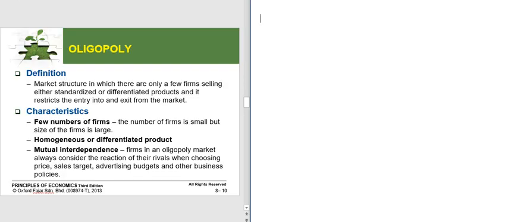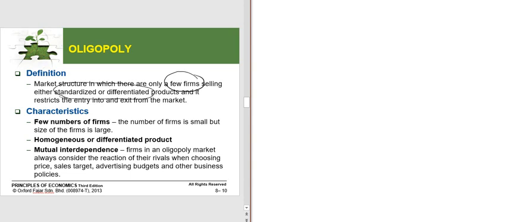We continue with the next market structure, which is oligopoly. This is a market structure where there are only a few firms, meaning not so many, maybe less than 10 firms in this market, selling either standardized or differentiated products.